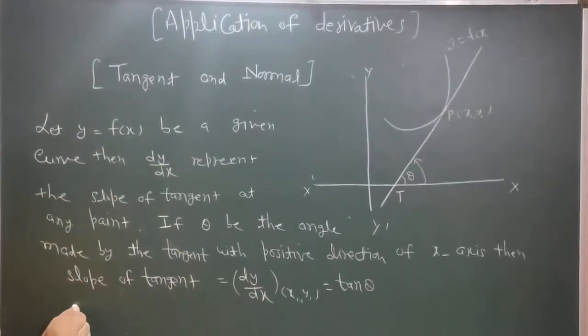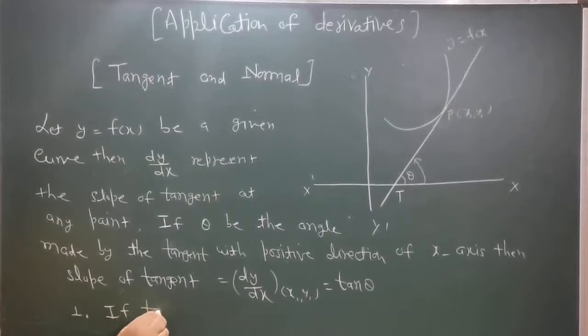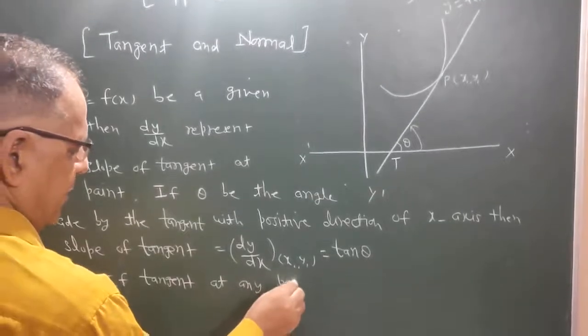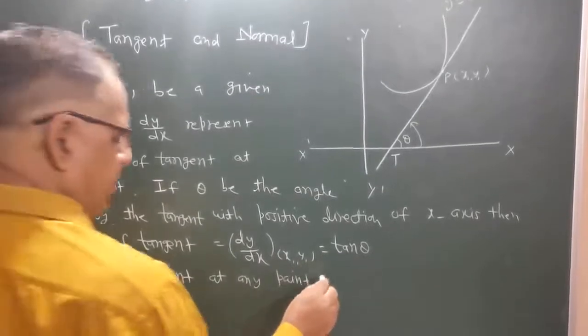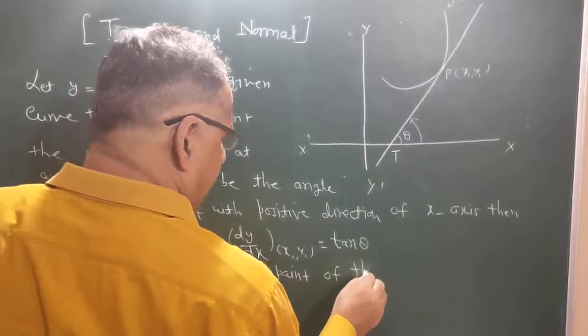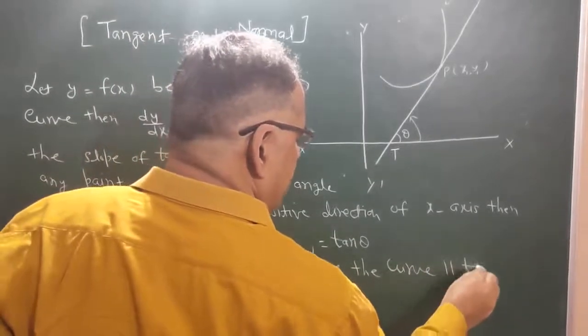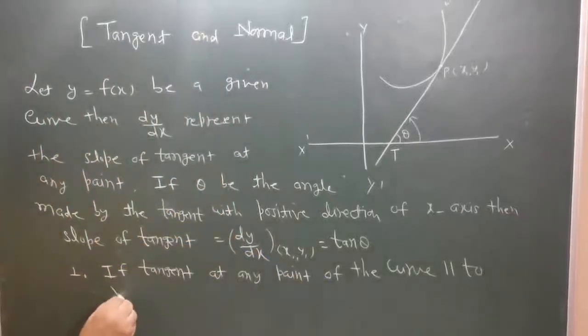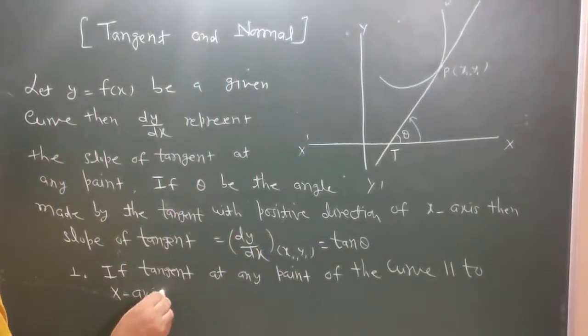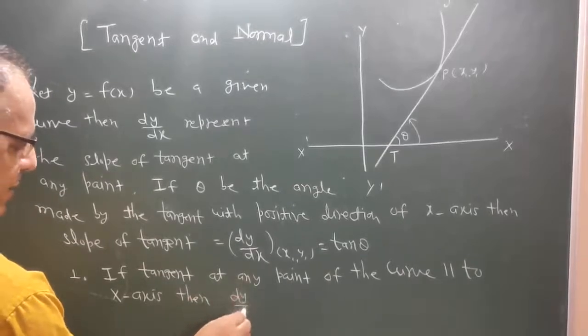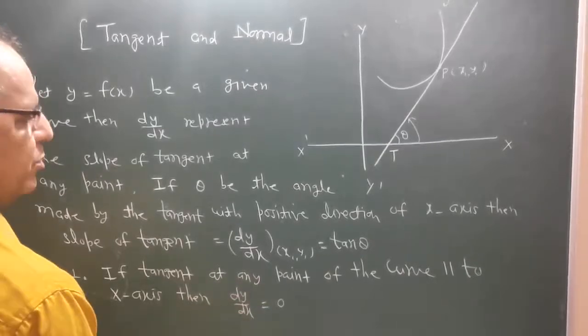Now if the tangent at any point of the curve is parallel to x-axis, then dy over dx equals 0.